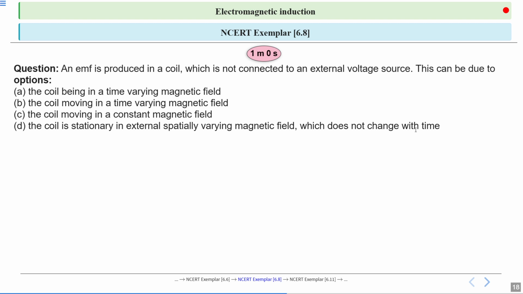It doesn't depend on time, but on space, on the position. So the coil is stationary in the external spatially varying magnetic field which does not change with time. Which of the options are correct? This is a type of MCQ where more than one option can be correct. I will give you some time to think about it.